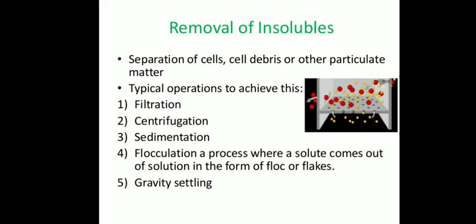Afterwards the temperature and pH are adjusted, aeration is carried out, and then the further process of fermentation is carried out in the fermenter. After the completion of the whole process, there are lots of remaining cells as well as cell debris and other particulate matter present other than the product. All this matter is also present in the fermenter. So our first step is to separate these cells, cell debris or other particles. And this can be achieved by filtration, simple centrifugation or sedimentation, even flocculation.